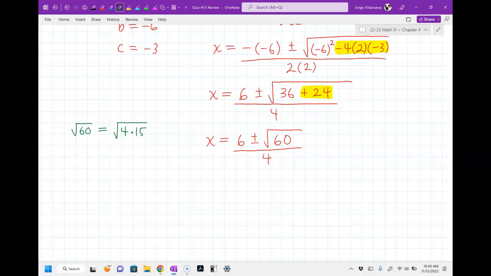Because 4 has a square root of 2. And the square root of 15, you cannot simplify anymore to get square roots out of it. Okay? Now, again, if you have a calculator that can, you literally type in square root 60 and it says 2 radical 15, perfect. You don't have to worry about doing that by hand.